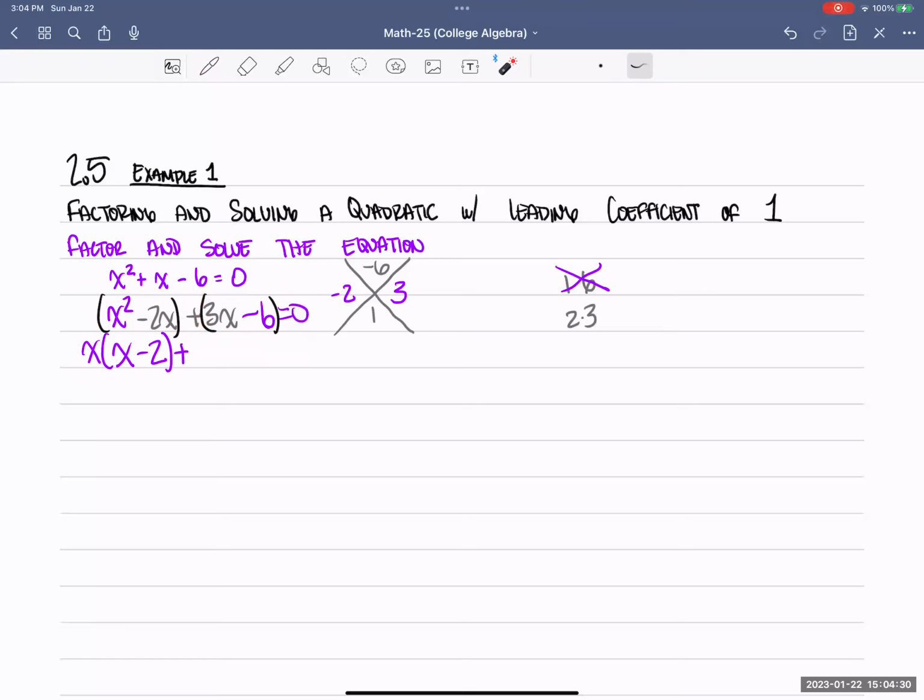Numerically, both of these numbers are divisible by 3. Factoring out a 3 leaves us with a positive value here, so that's perfect. Variable-wise, we can't factor any of that out, so we leave that 3 here. Then 3x divided by 3 gives us just x, and -6 divided by 3 leaves us with -2.